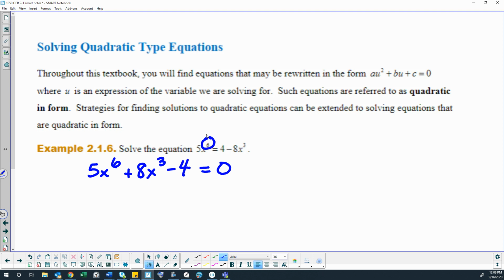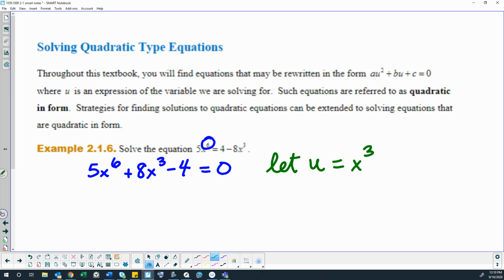So what we're going to do is a substitution. We're going to use a different variable instead of x. I'm going to use u. Really, the variable doesn't matter. So u equals x cubed. There's my substitution. Now the equation itself still is not a quadratic. It has x to the 6th and x to the 3rd in it.